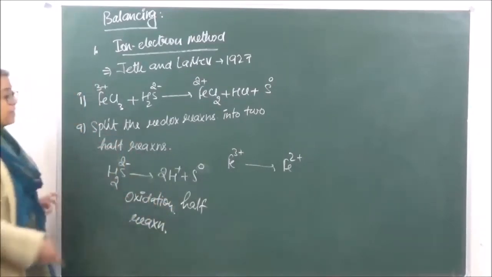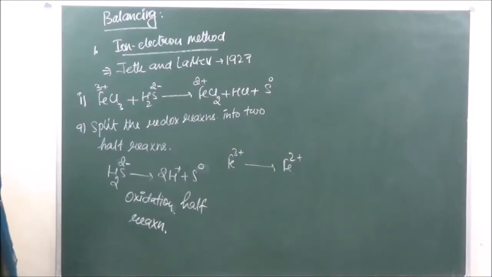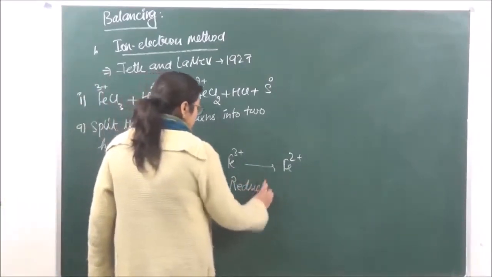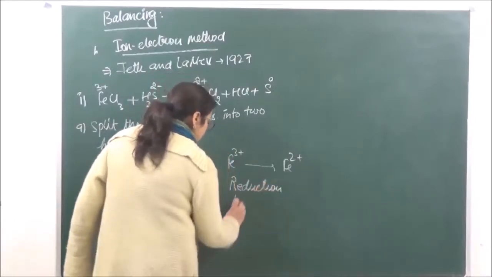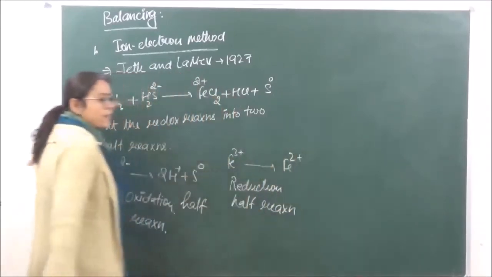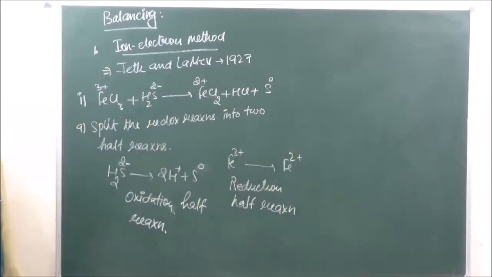And there, 3 positive goes to 2 positive, so there is a decrease in oxidation number. This is the reduction half reaction. Okay? Now we are going to balance both of them separately.